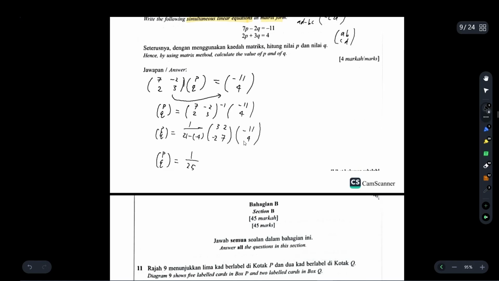And then we multiply this up. The way I actually do this is by visualizing it like a graph. You see, this is a 2 by 2, and this is a 2 by 1.